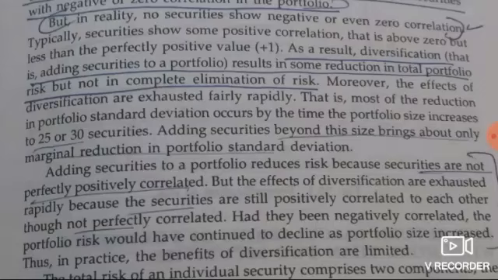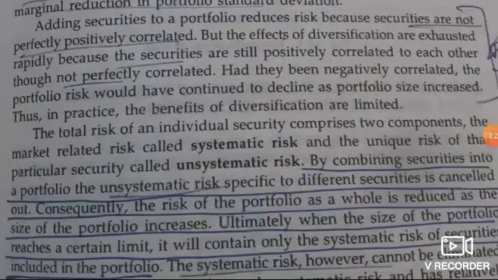Adding securities beyond this size brings about only marginal reduction in portfolio standard deviation. That is reason number 1. We are actually adding securities which have a correlation above 0, so the risk will be reduced but it cannot be 0.